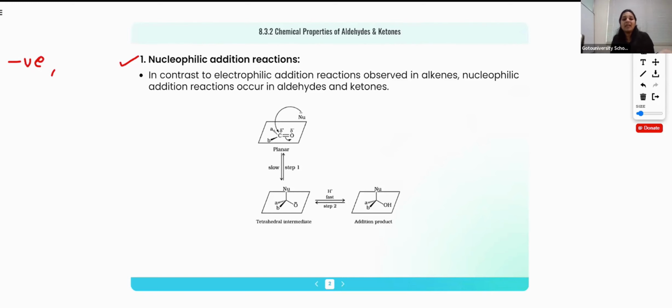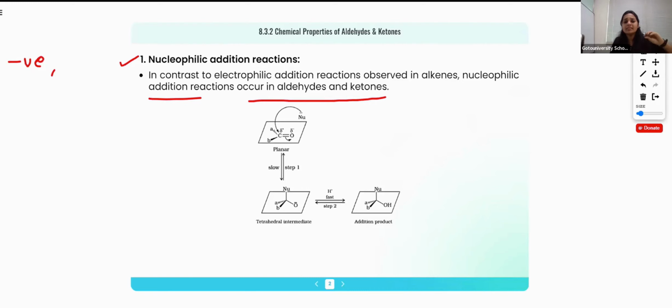So a nucleophile is a species that has a negative charge or excess electrons, meaning it should have lone pairs of electrons. Then only we can call it a nucleophile. In contrast to the electrophilic addition reaction in alkenes, nucleophilic addition reaction occurs in aldehydes and ketones. So the important type of reaction in aldehydes and ketones is nucleophilic addition.